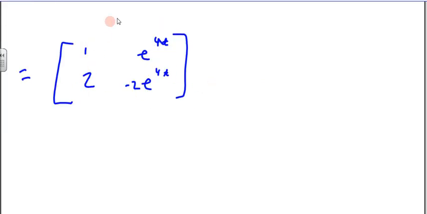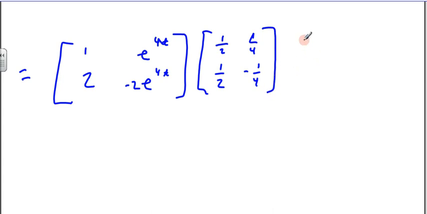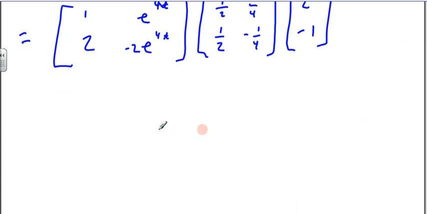Okay, so that's my iota at 0 inverse: 1/2, 1/4, 1/2, minus 1/4. And then x of 0 is 2, minus 1. Okay, so that's all I have to do. I'll go this way because it's simpler, I guess.